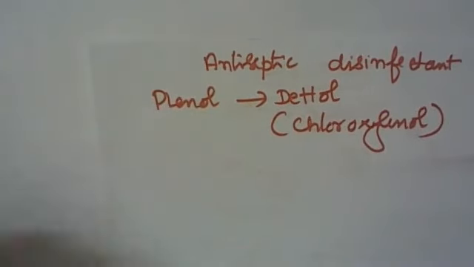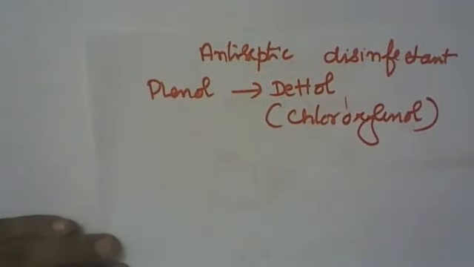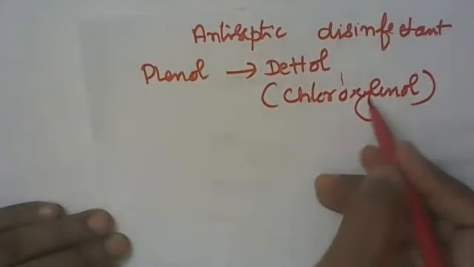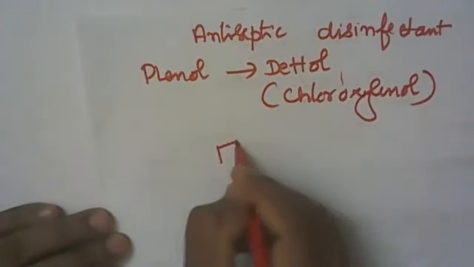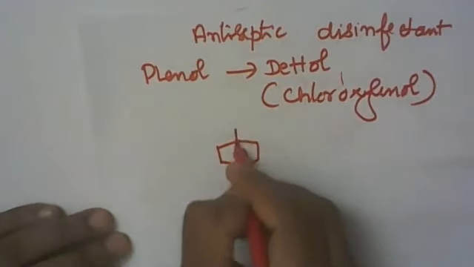Okay, I can show you that one. We have got a Dettol bottle. Here we have got chloroxylenol. This is the chloroxylenol composition, which can act as an antiseptic or disinfectant. Okay, what is the structure of chloroxylenol? Chloroxylenol is a benzene ring attached to OH.